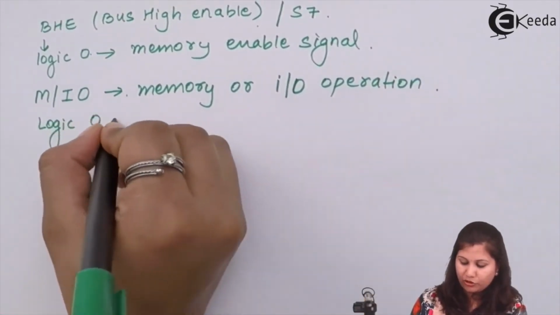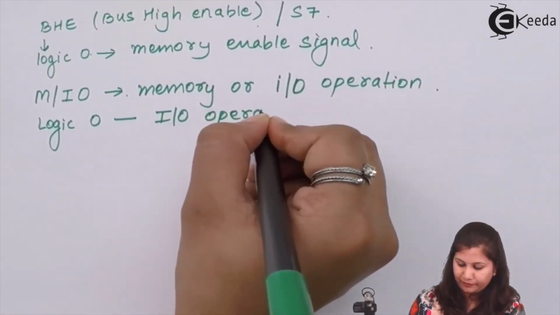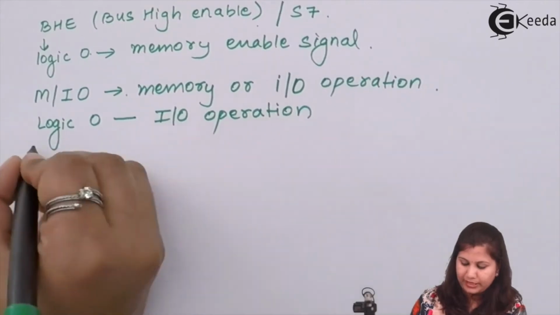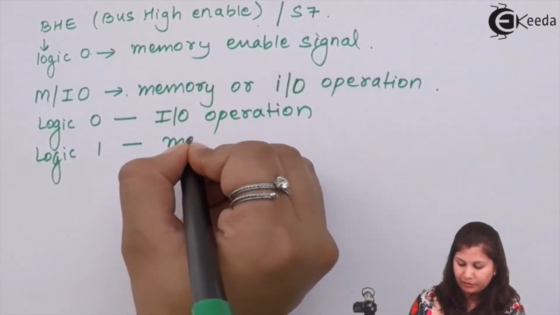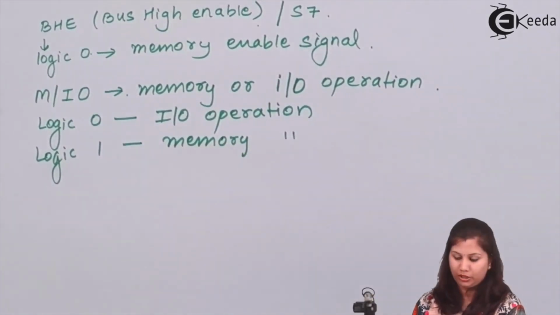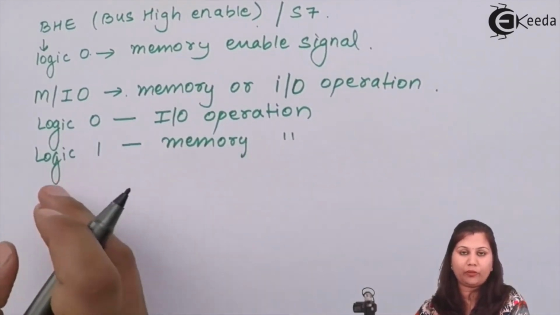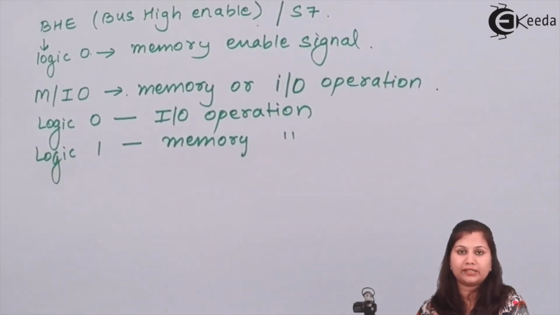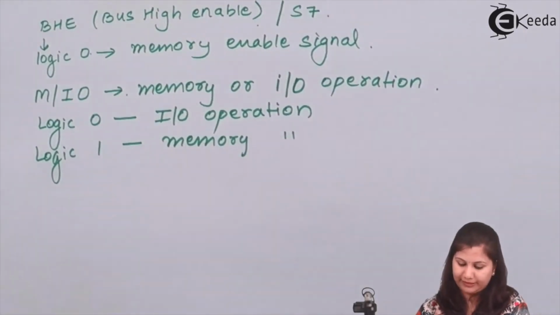When it is at logic 0, it's an input output operation. And when it is at logic 1, it is a memory operation. Okay. So this is going to decide whether the read or the write operations which are performed by 8086 are related with memory or with the input output device.